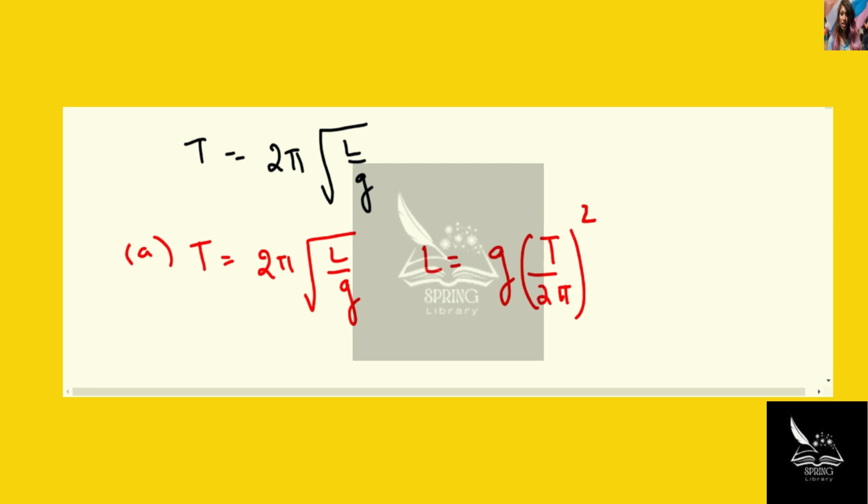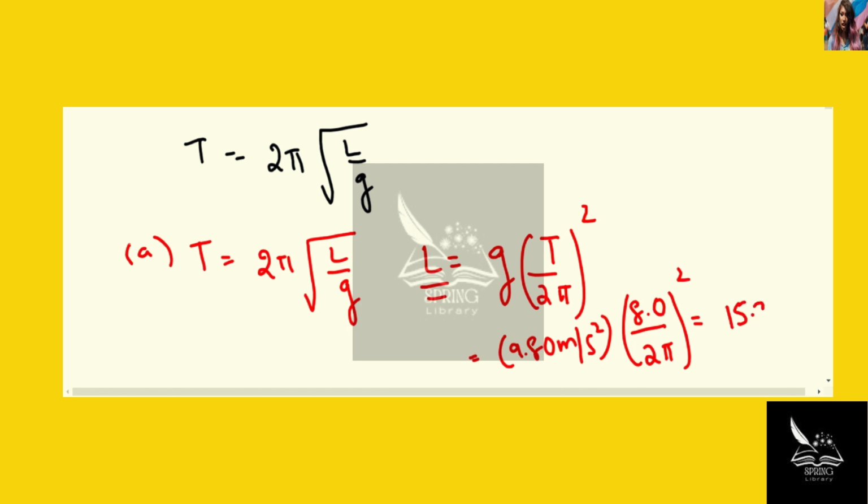So when we put the value of L, we get 9.80 meter per second square, that is acceleration due to gravity. Time period we have got 8 seconds upon 2 pi the whole square, that equals 15.9 meters. So this is the length, 15.9 meter, or approximately you can say 16 meters.